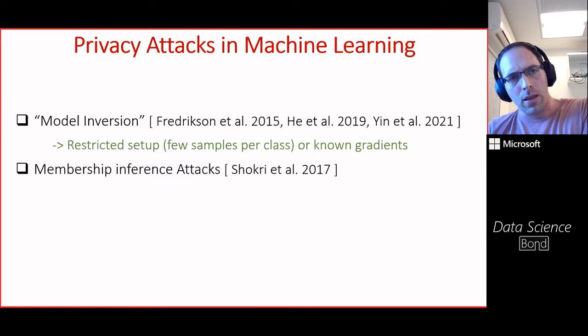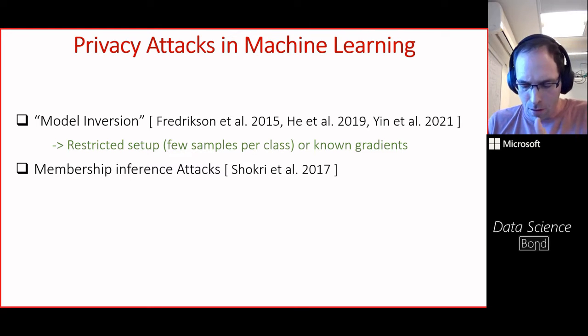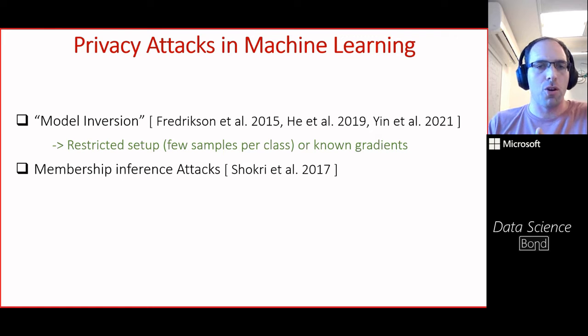Another interesting work in terms of privacy would be membership inference attacks. What this means is I have a pre-trained classifier, and I want to ask whether a specific sample was used in the training set of this classifier. Why would it be interesting? For example, if we go to the health industry, and I want to classify, say, for some images, if there is a tumor there or not.